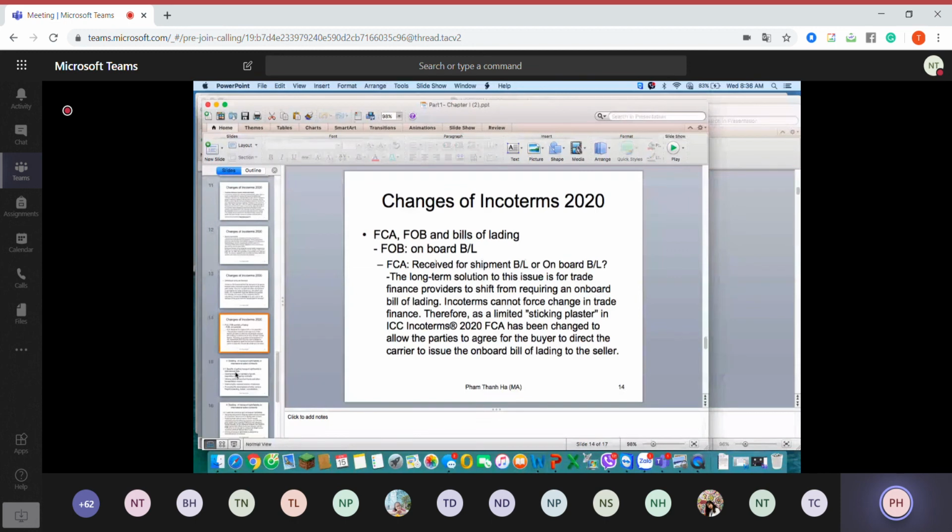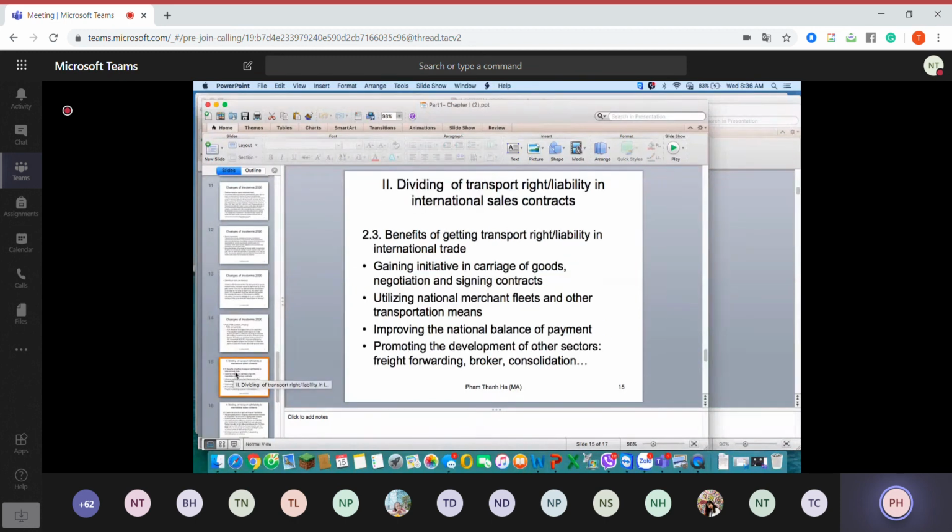So that's about all the things related to Incoterms. If you already understand very well the main application for the seller and the buyer under the different terms and conditions in Incoterms, I think it's easy for you to know, for the different terms, in what cases the seller will gain transportation rights and in what other cases the buyer will gain transportation rights.